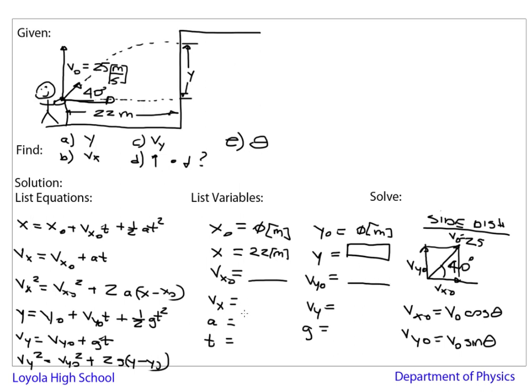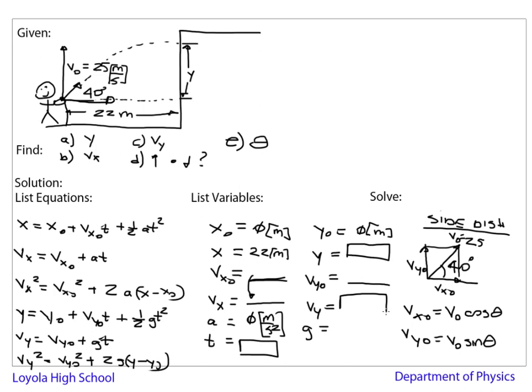We don't have any force or air resistance in the x direction, so whatever the velocity is here is the same as there, which implies 0 meters per second squared acceleration in the x direction. And how long does it take? I have no idea. In the y direction, the y velocity, I do not know.